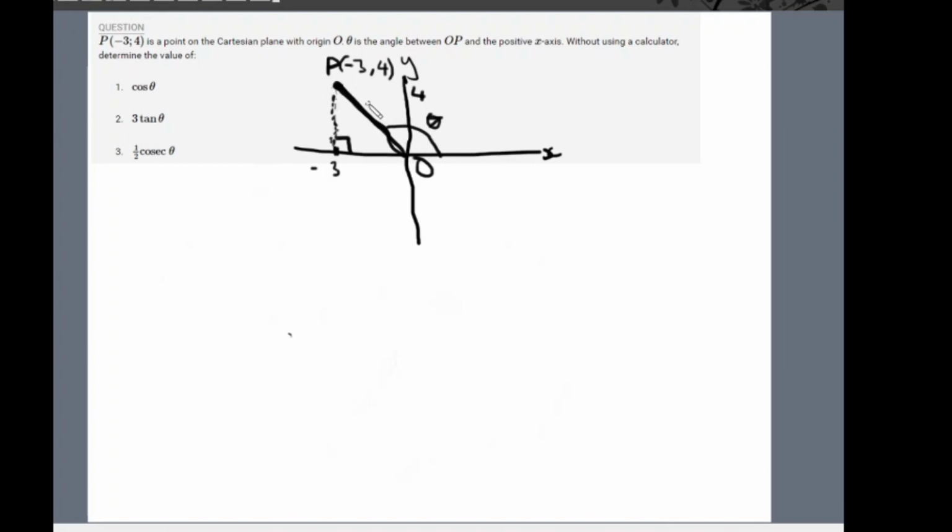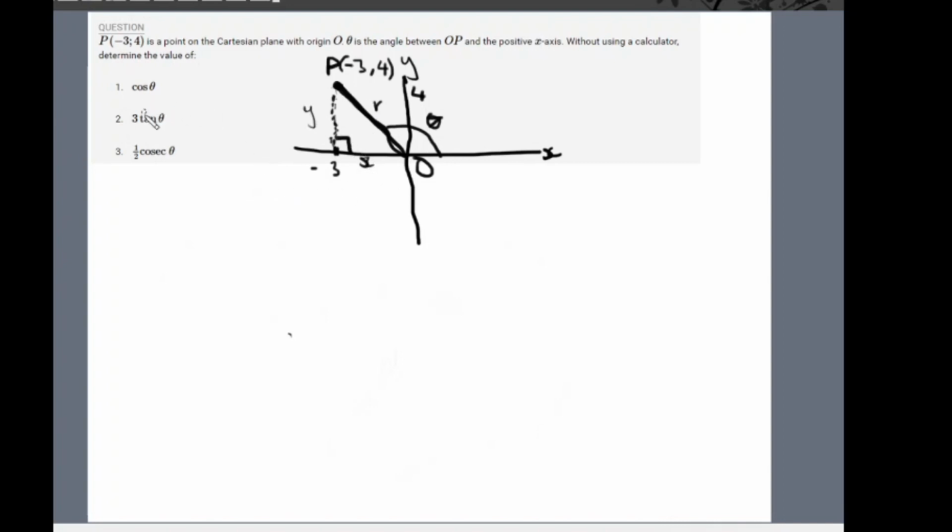So remember that we said this will be r, the radius or the hypotenuse of this right angled triangle, and then this is y, and then this is x.